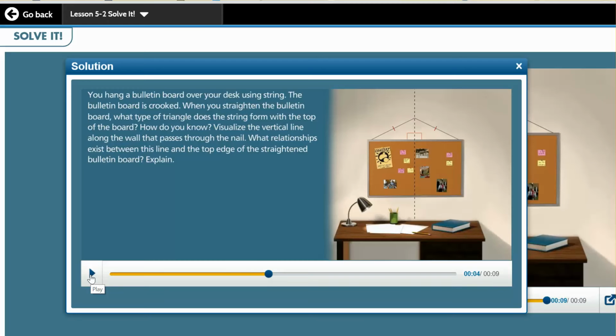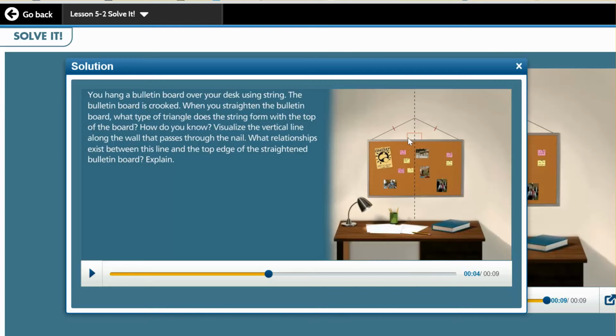And if we draw in this dashed line, which is going to end up being our perpendicular bisector because it intersects the top of the bulletin board at 90 degrees, we will see that these two segments should be the same. And if it's the perpendicular bisector, then this part and this part of the bulletin board should be the same length. This would be one side of this triangle and one side of this triangle, and that would be reflexive.